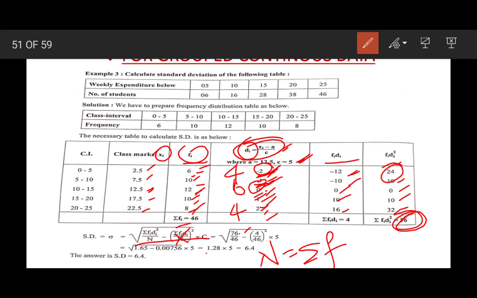N means summation of f. So summation of f is 46, minus summation of f into d. Summation of f into d is 4, upon n. N is again summation of f. So summation of f is 46, whole square, into 5.